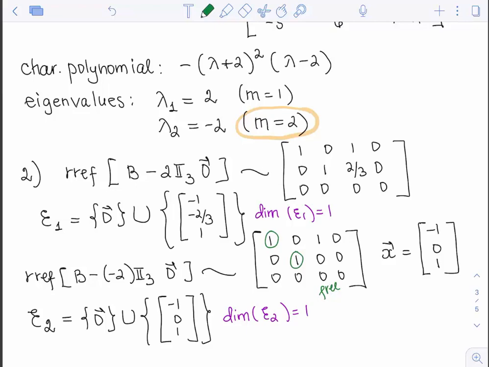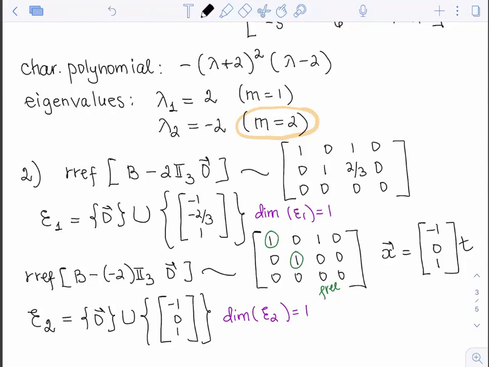Your solution vector is of the form negative 1, 0, 1 times some parameter t. That only gives us a one-dimensional subspace of R3. So your eigenspace associated with negative 2 is just the 0 vector union with a span of negative 1, 0, 1. Again, this is a line in 3 space that goes through the origin, okay?